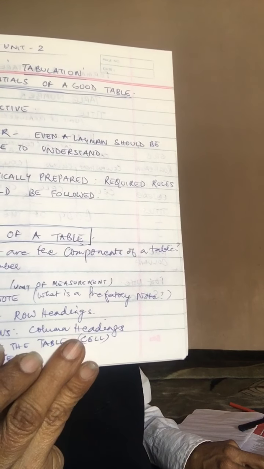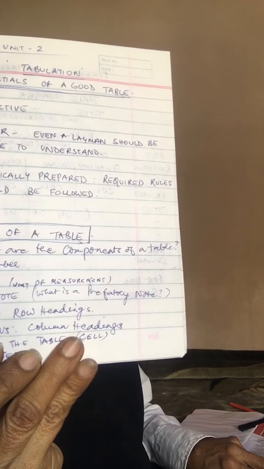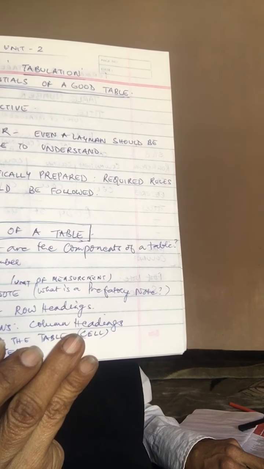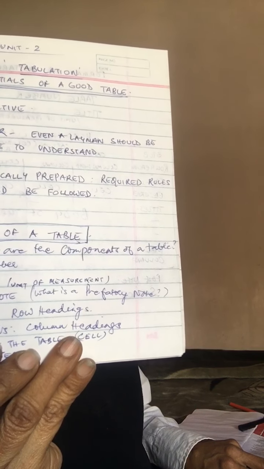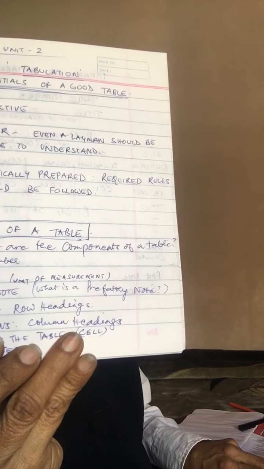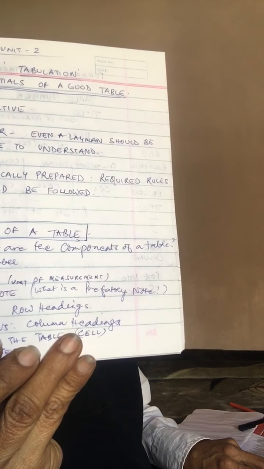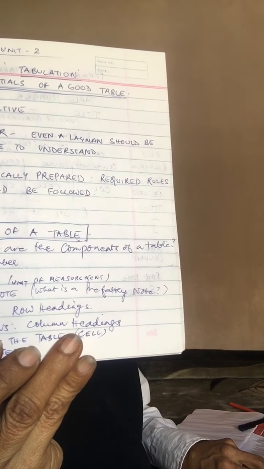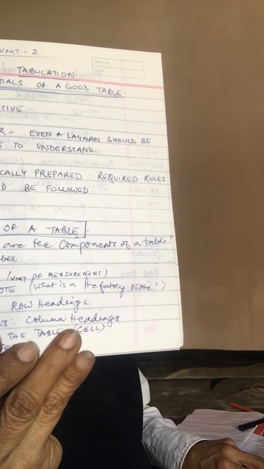Now coming to the body of the table. That is the main part, and it contains the actual data. The location of any one figure in the table is fixed and determined by the rows and columns of the table. The size and shape of the main body should be planned in view of the nature of figures and the objective of investigation. So the size of the body would depend upon the nature and size of the data.